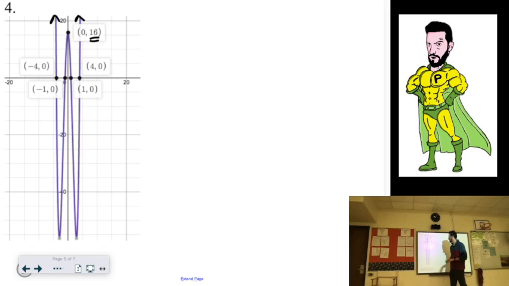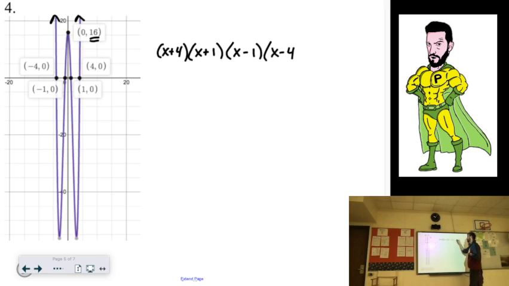But I see that all the zeros, it's just crossing through, so everything's going to have a multiplicity of 1. So it crosses at -4, that would say x plus 4. It crosses at -1, that would say x plus 1. It crosses at positive 1, that would say x minus 1. And it crosses at positive 4, so that would say x minus 4.